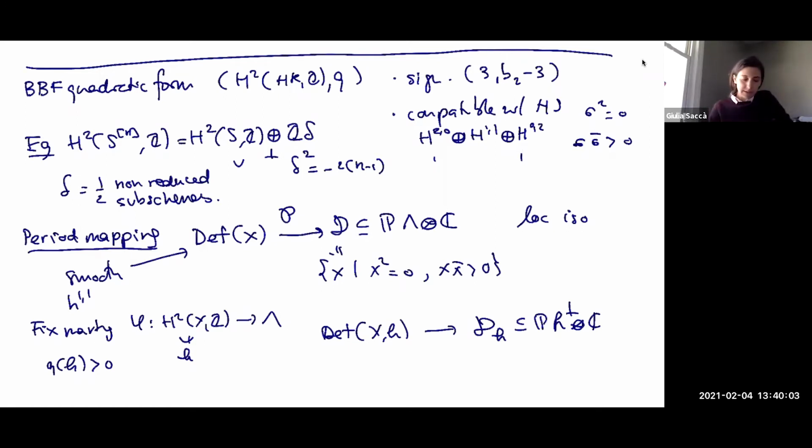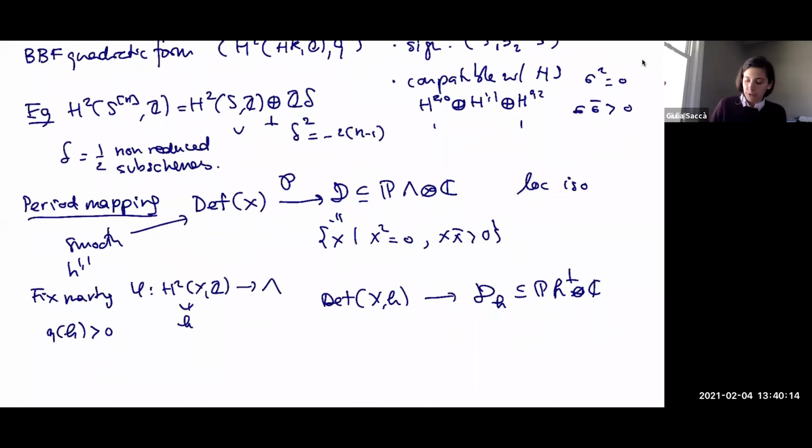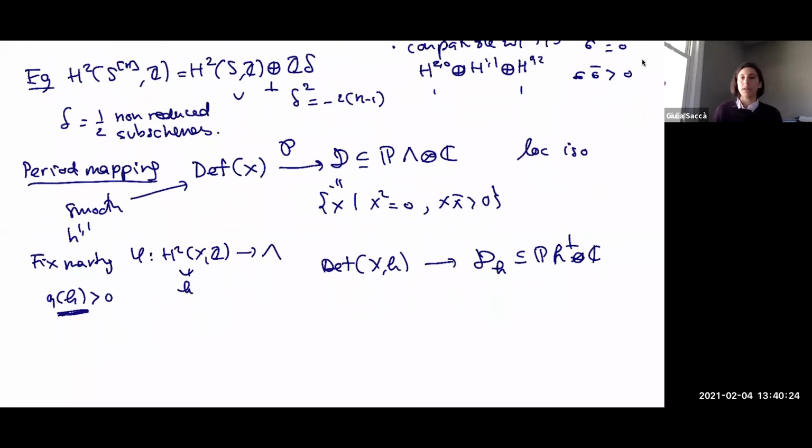Okay, so this is a type IV period domain. It's very nicely behaved, and the periods correspond to periods of polarized hyperkähler manifolds with the deformations of this line bundle. I'm just setting a little bit of background and notation.